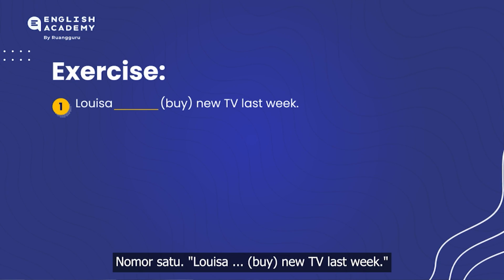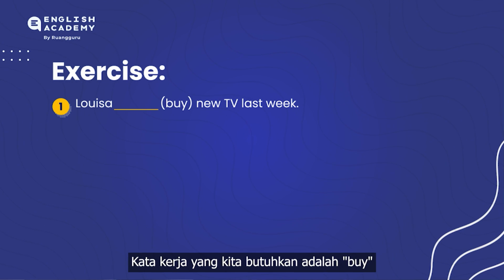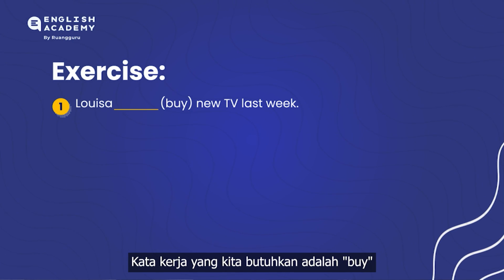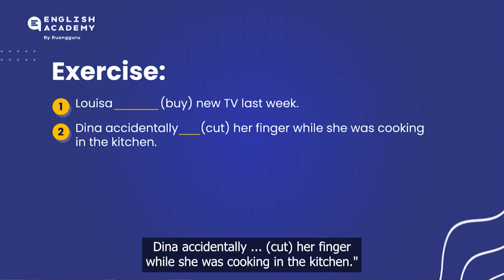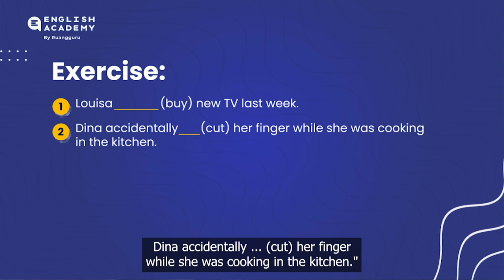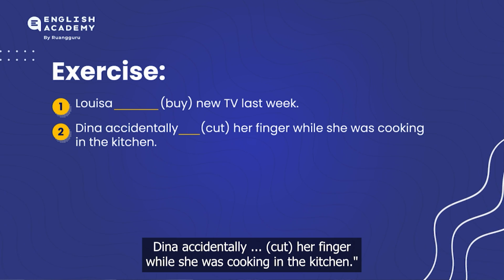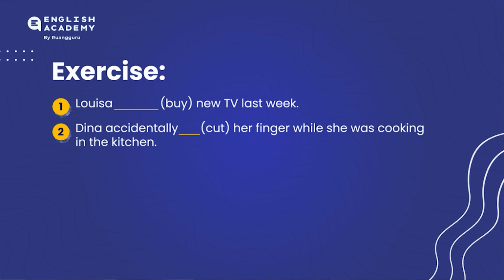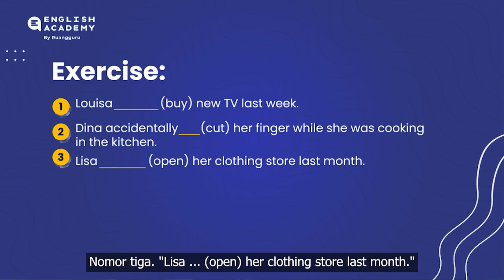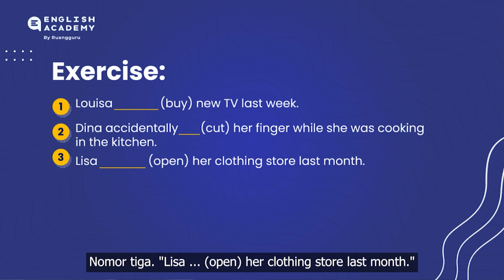Number 1, Louisa blank a new TV last week. The verb we're looking for here is buy. Number 2, Dina accidentally blank her finger while she was cooking in the kitchen. The verb we're looking for here is cut. Number 3, Lisa blank her clothing store last month.